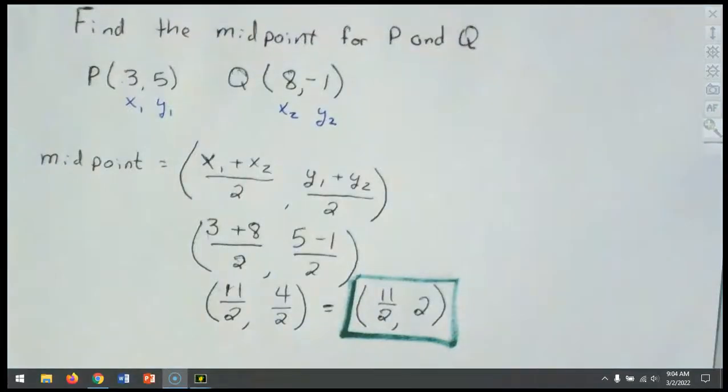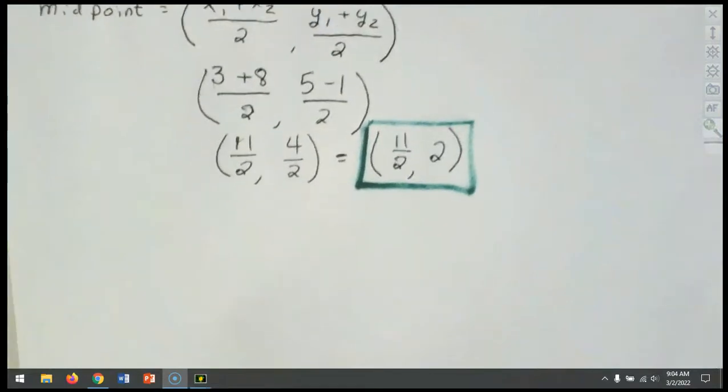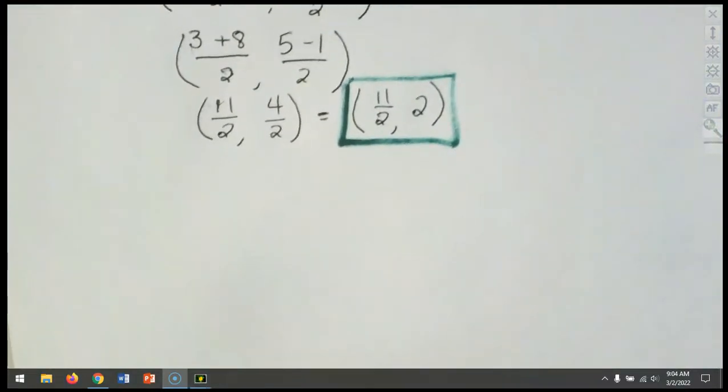Works also with decimals. So we're going to do one with decimals, and then we'll work backwards. And I will give you the midpoint, and you're going to find the other endpoint. So let's do one more of these, where we find the midpoint, and then we'll work one backwards.